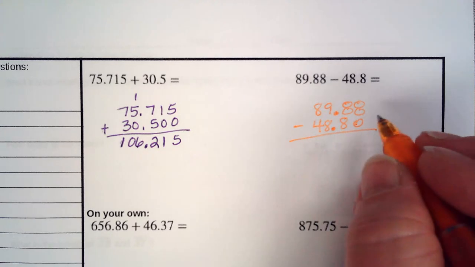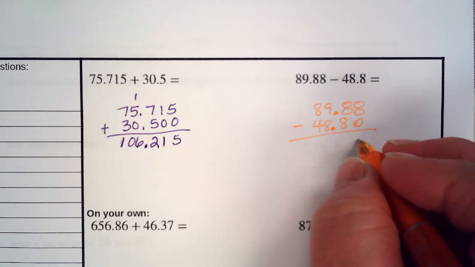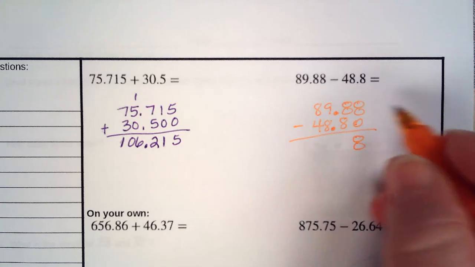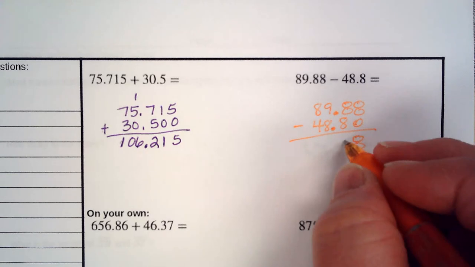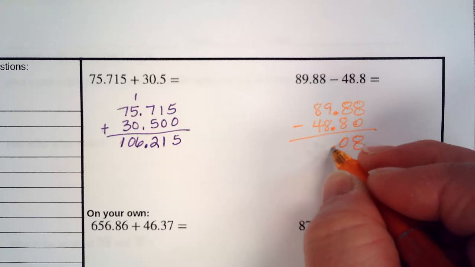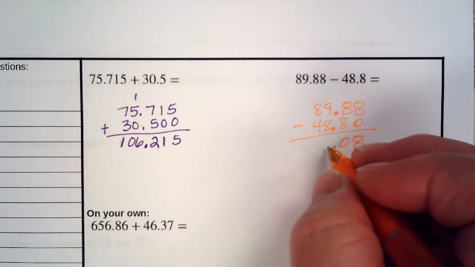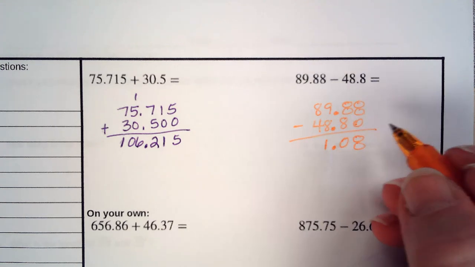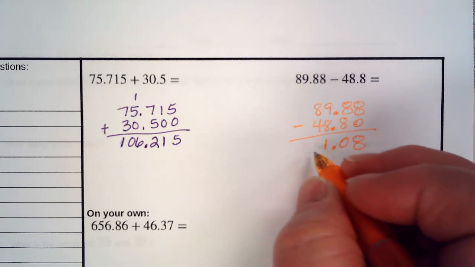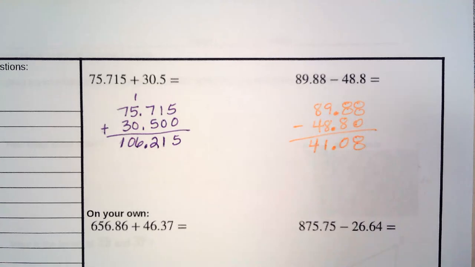Now I can subtract. 8 minus 0 is 8. 8 minus 8 is 0. 9 minus 8 is 1. 8 minus 4 is 4. 41.08, 41 and 8/100ths.